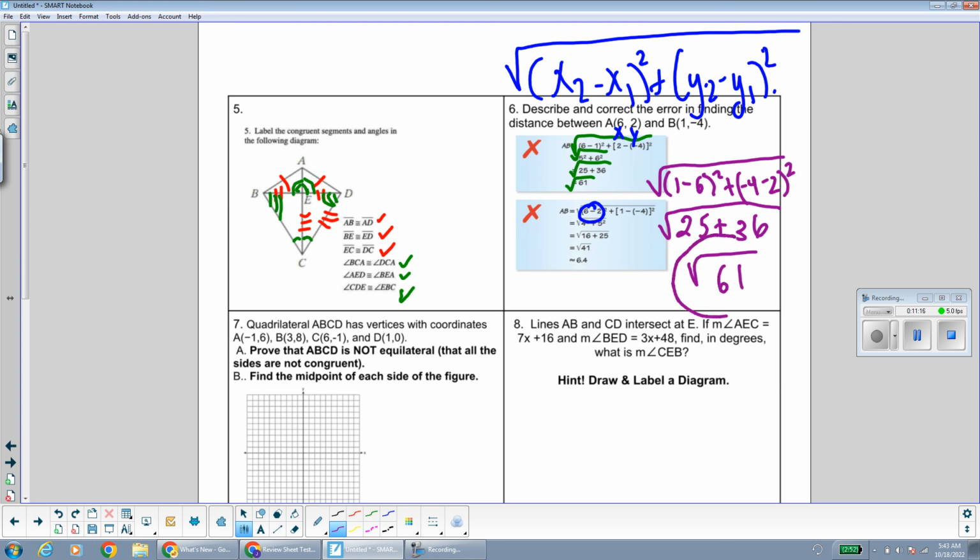And I am going to leave my answer as a radical. I'm not going to get an approximation. It doesn't say to round. So the first person was almost right. They just forgot the radical.